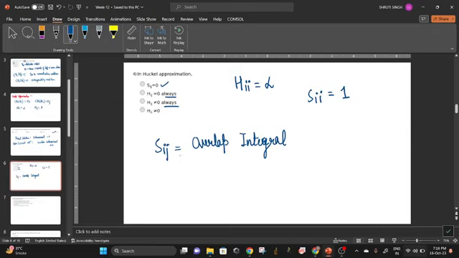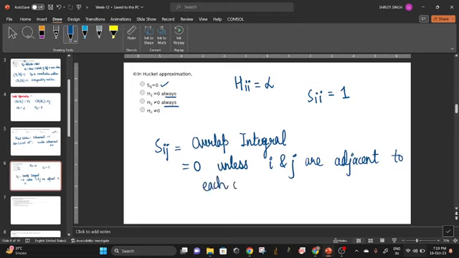They say that this overlap integral is equal to 0 unless i and j are adjacent to each other.